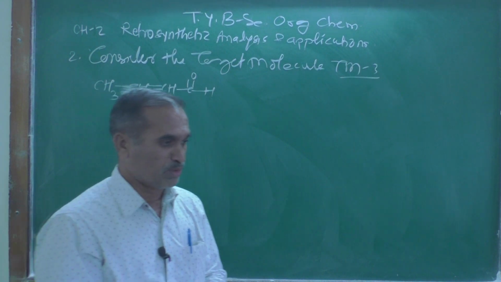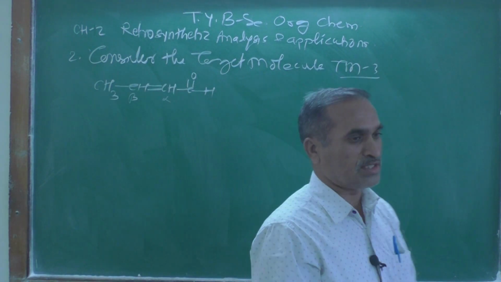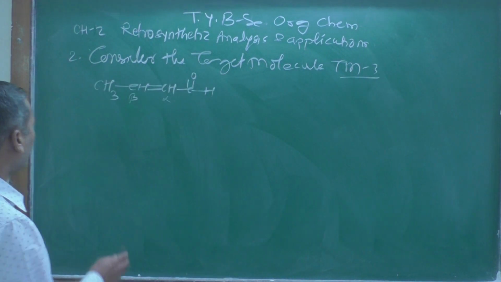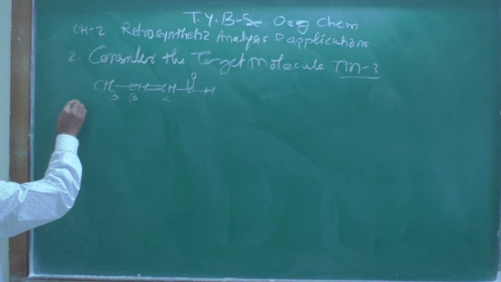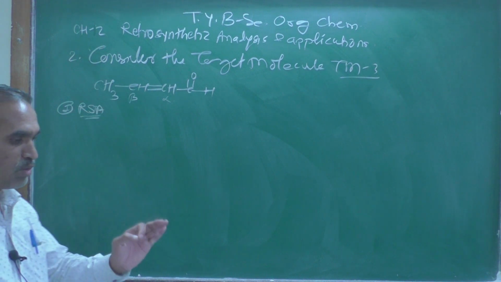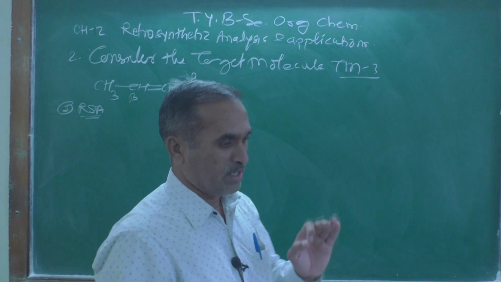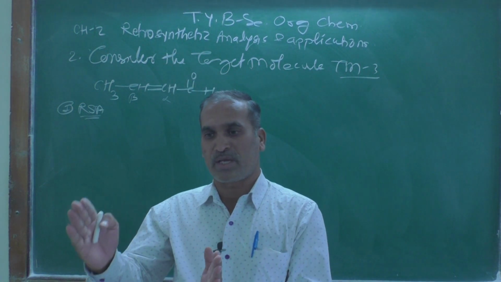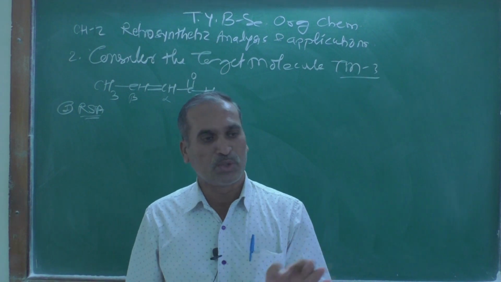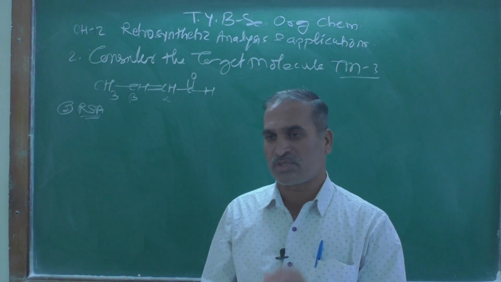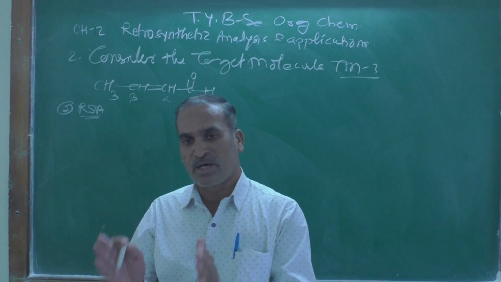As we know, retrosynthetic analysis means what? The first part we generally use is called RSA. RSA means retrosynthetic analysis. Retrosynthetic analysis means the process of breaking down the target molecule into convenient starting material using disconnection and functional group interconversion.